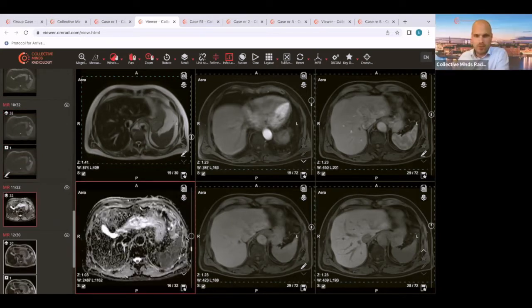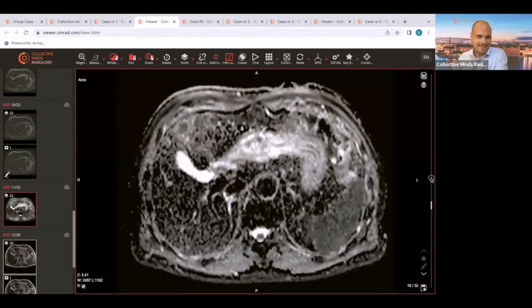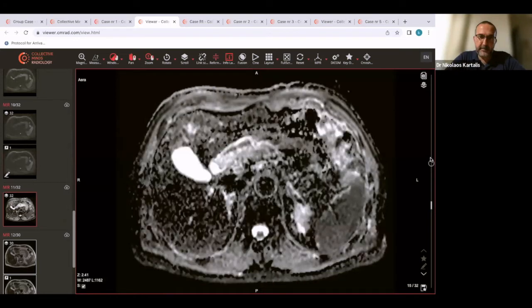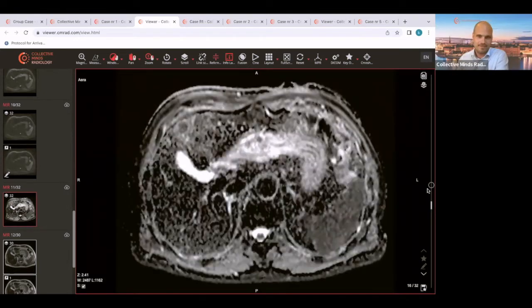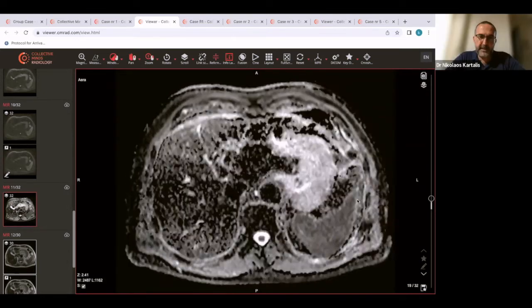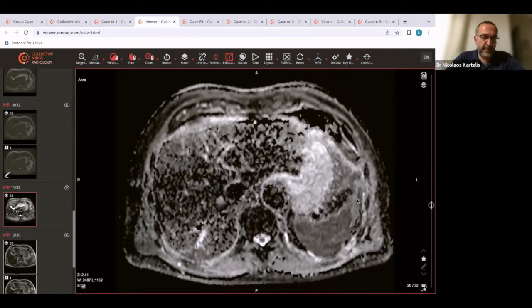And we'll keep the vote open. So please consider giving some votes. So this is the lesion on the ADC map, the same lesion we saw on high B diffusion values, T2 with intermediary signal on T2 and some nodular peripheral enhancement probably in the lateral aspect.